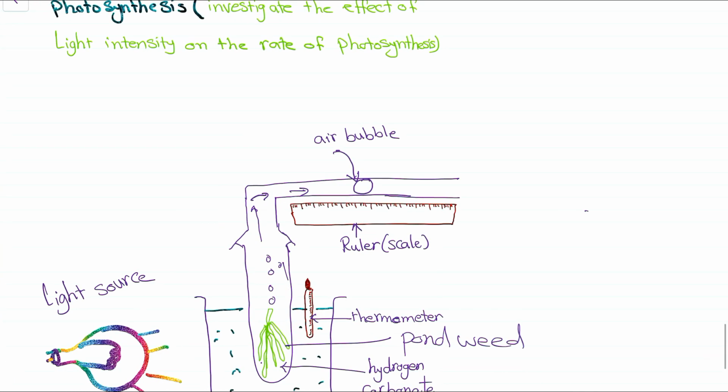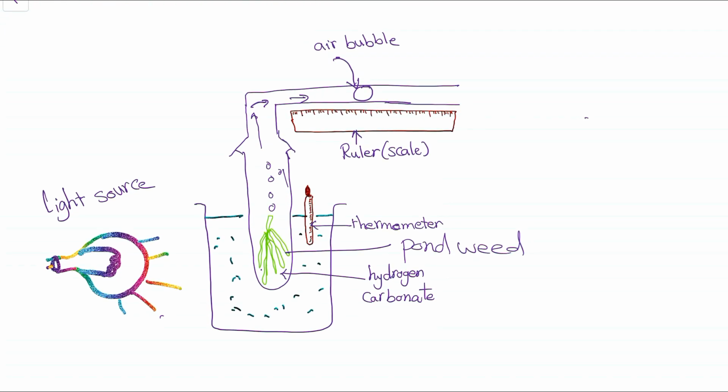By using this apparatus. I have a beaker and pondweed, and inside the test tube I have hydrogen carbonate, which we said is a source of carbon dioxide. I have a source of light, and a thermometer to check the temperature, because I told you the temperature is very important for photosynthesis.